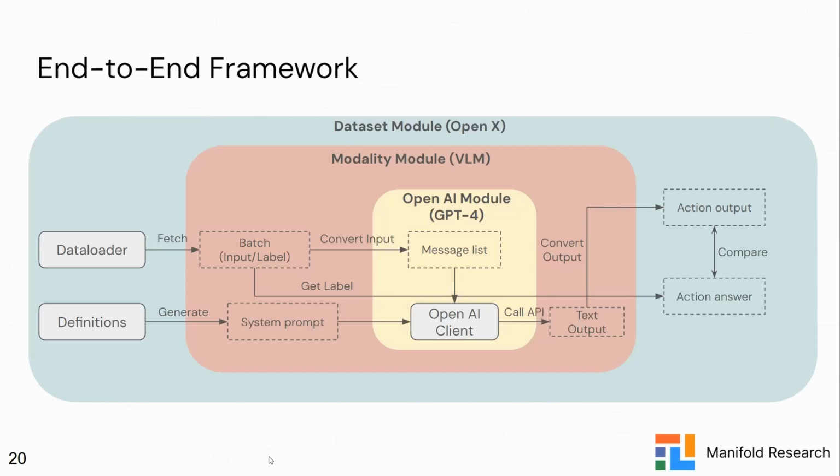But if the input is some data structure other than image or text, like a map or a list, then it converts the input into a string so that it can be understood as text by the model.